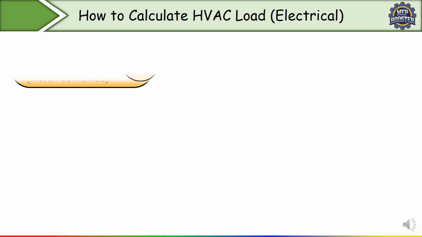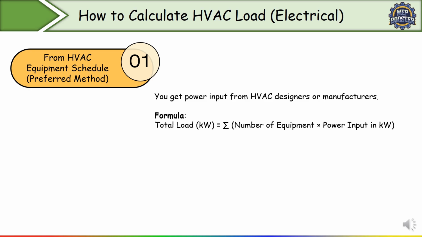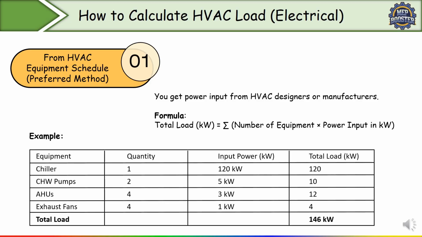Here is how to calculate the HVAC load. First, from the HVAC equipment schedule, the preferred method. You get the power input from the HVAC designer or manufacturer. The formula to calculate the total load is summation of number of equipment into power input in kilowatt. For example, here we have one chiller, 2 chilled water pumps, 4 AHUs and 4 exhaust fans.